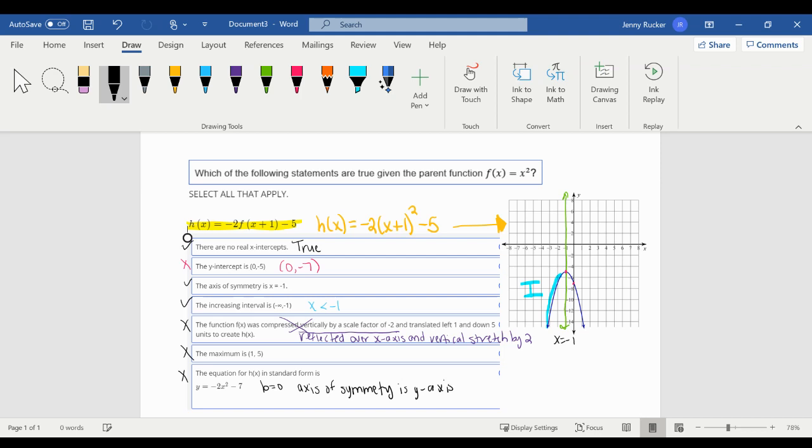And that is not the case for this graph. So even without going through all of that work to determine the standard form, I can tell you by looking at this equation and knowing that b is 0, it is not this graph because this graph does not have even symmetry. It is not symmetric about the y-axis.